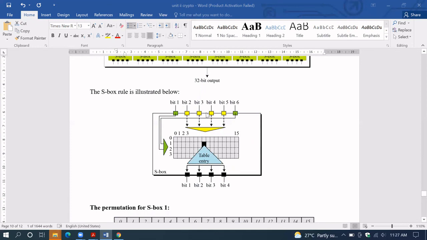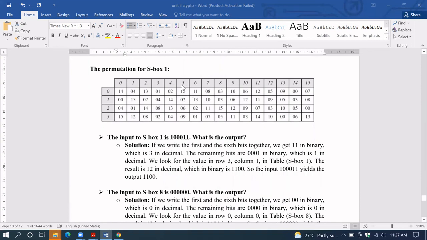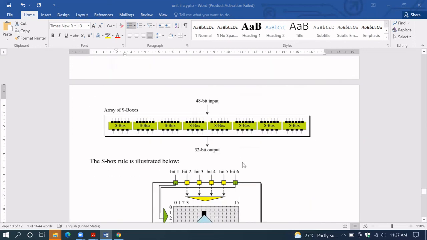You have 6 bits, which has the permutation table here, the S box table, which in turn converts it to a 4-bit value. So let us see how this has been converted. So you have a permutation for S box 1. I've given only for 1. There are totally how many S boxes? 8.